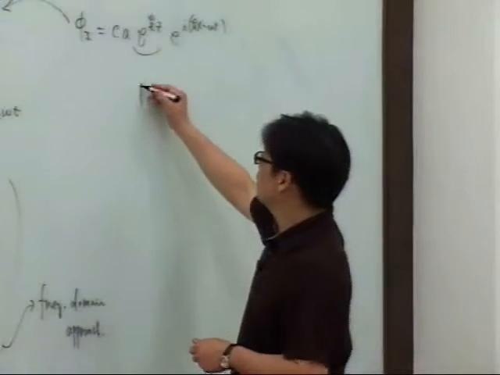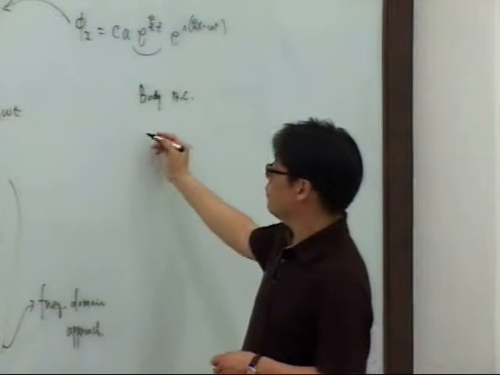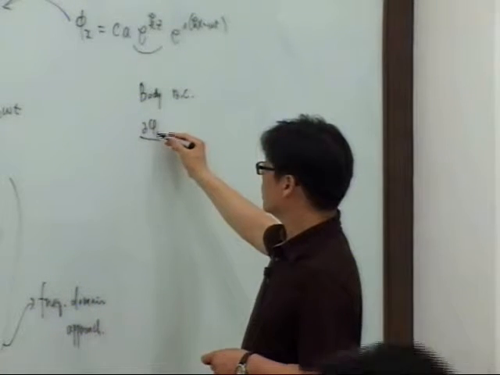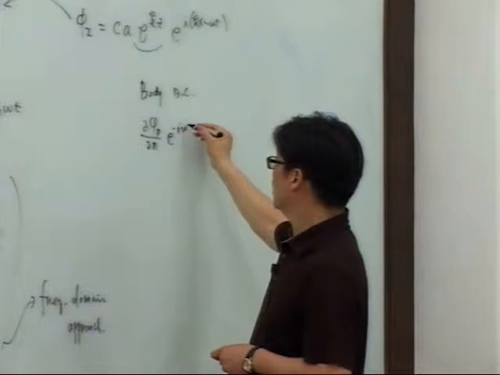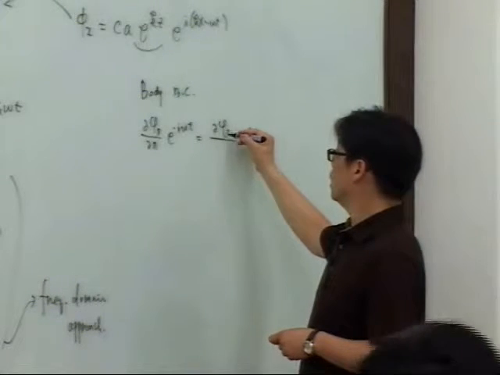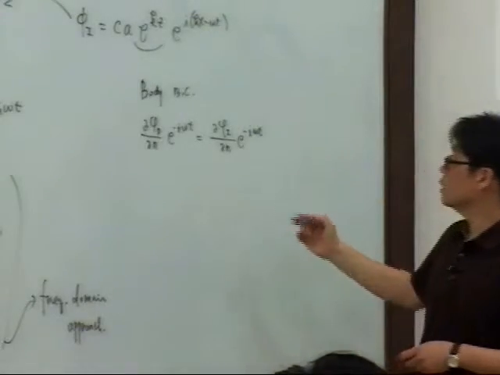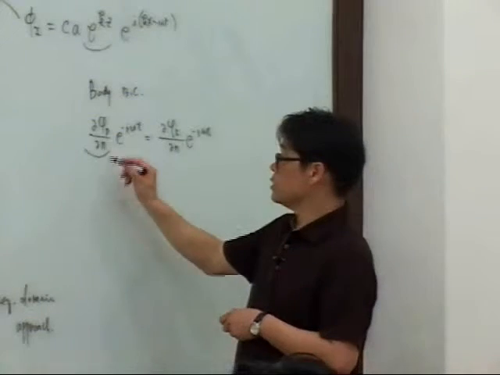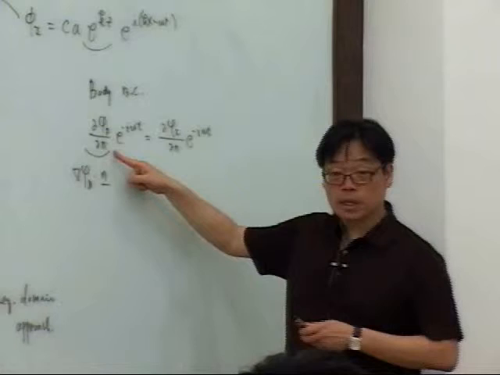And the body boundary condition. And then for phi d, I still can do this. Okay. First of all, the normal vector, this means, right? That's what it means.